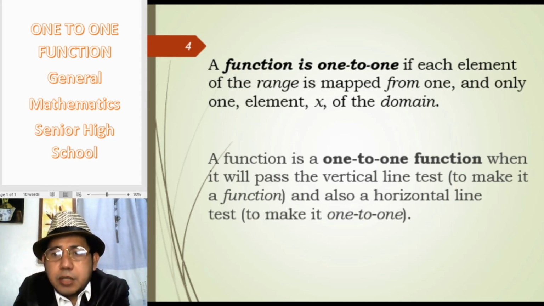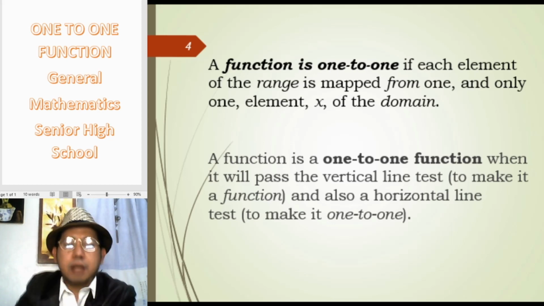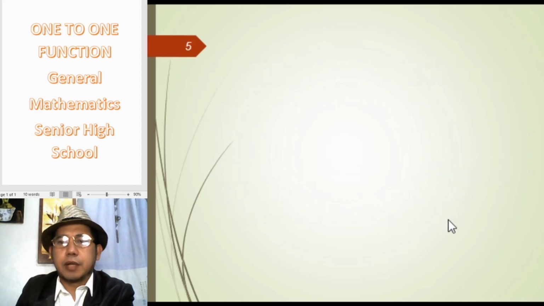The horizontal line test will tell you that if a horizontal line intersects the graph of the function in one point, that function is considered to be a one-to-one function.